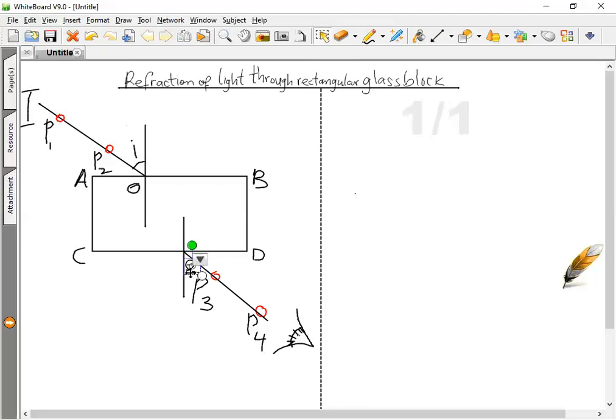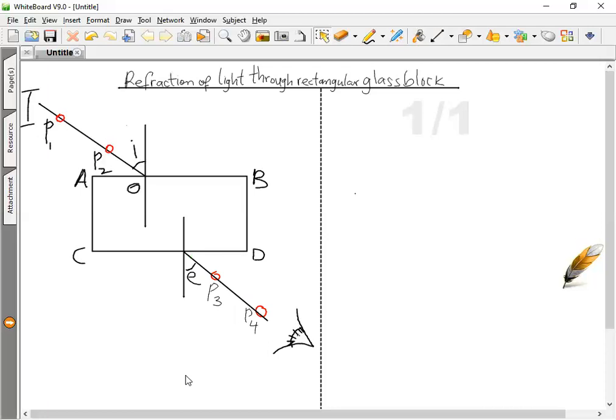Let's call it angle E. Probably let me just print this as it is. Okay, P3 and P4, let me make it smaller. Okay, so now that's your angle of emergence.